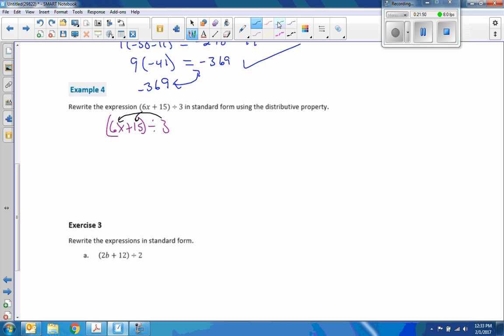So I'm going to rewrite this as 6x divided by 3, plus 15 divided by 3. 6 divided by 3 is 2. 15 divided by 3 is 5. Okay. So this one just said to rewrite it in standard form. Standard form is when I have a coefficient and a variable first, and the constant comes second, no like terms.